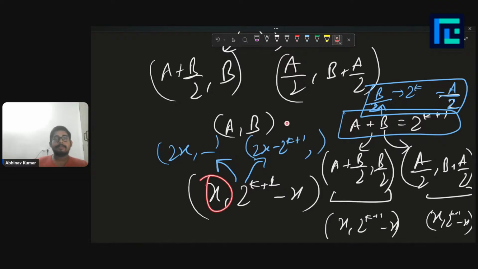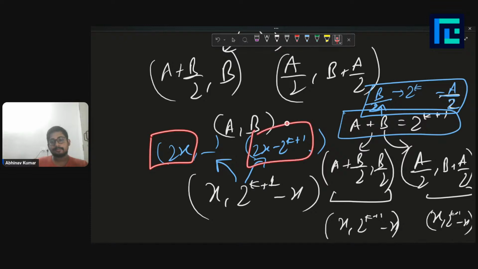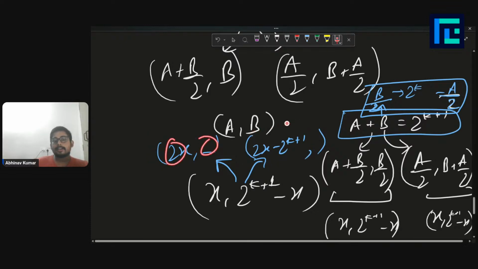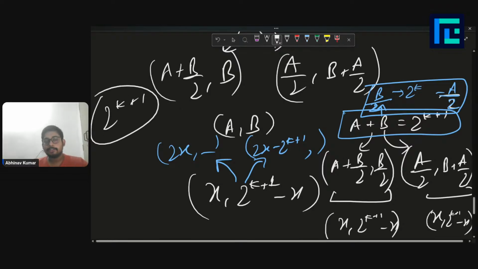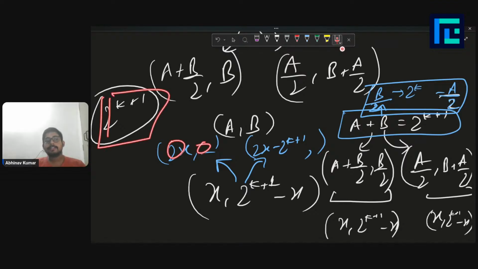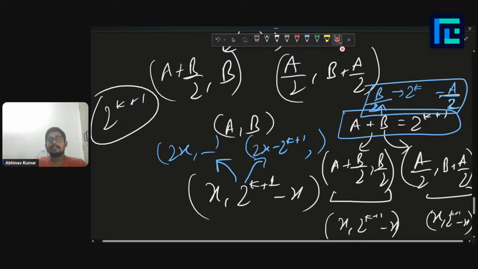Now you know for sure that your a and b cannot exceed 2 to the power k plus 1. These are the number of cakes available to you. At any point of time, either a or b cannot exceed 2 to the power k plus 1, otherwise the other one would become negative, which is not possible.